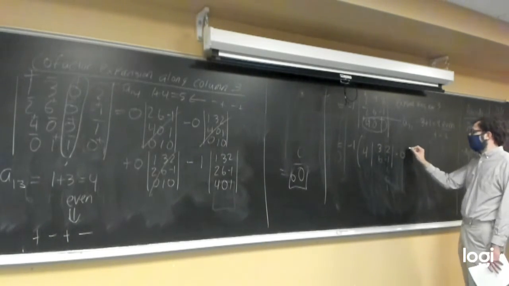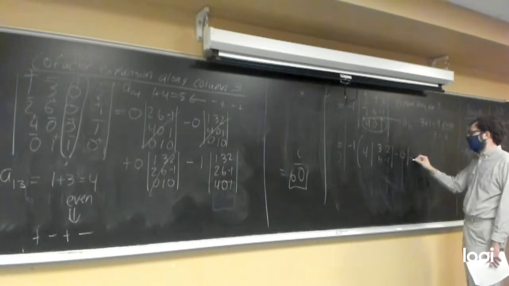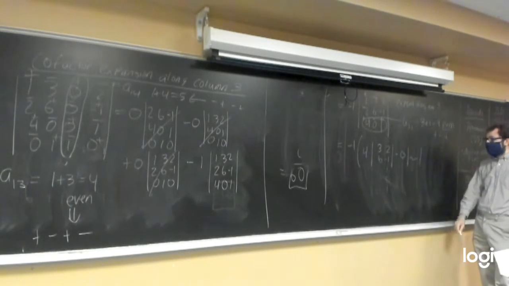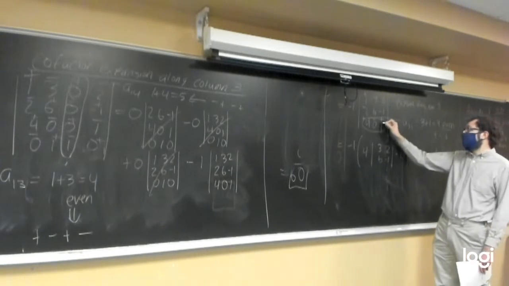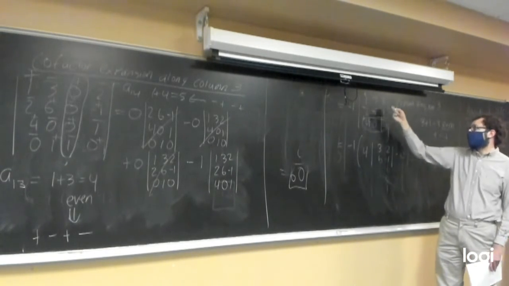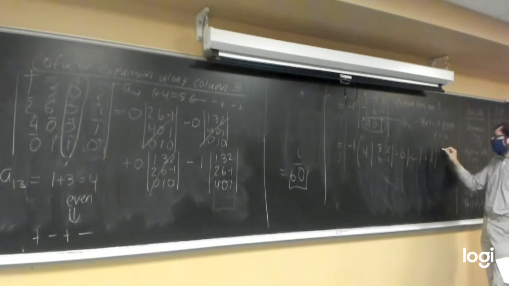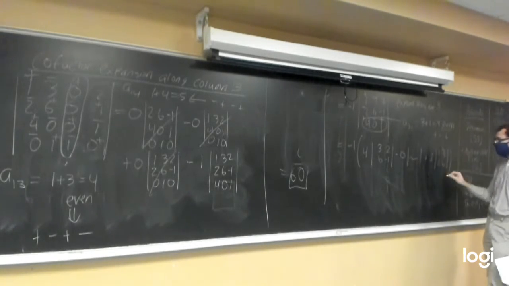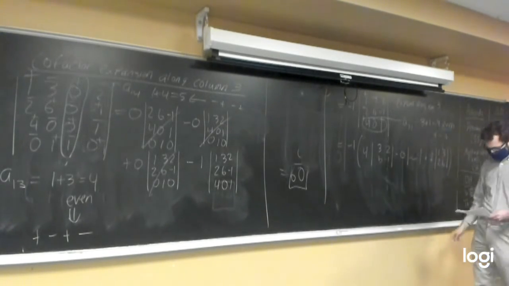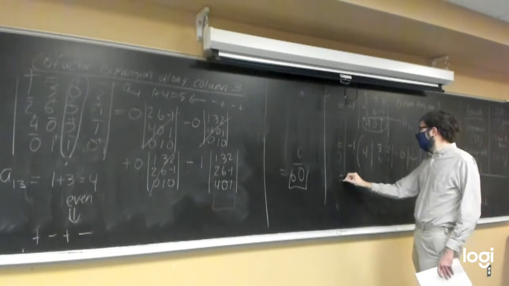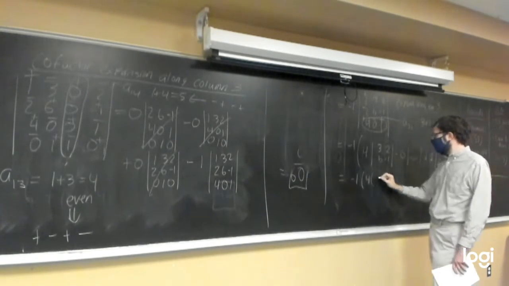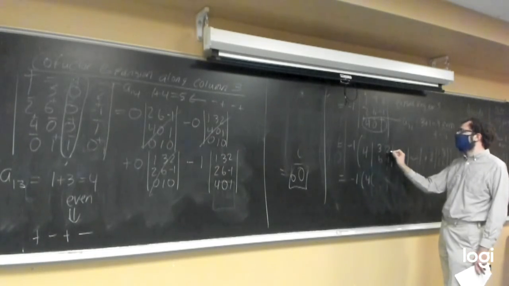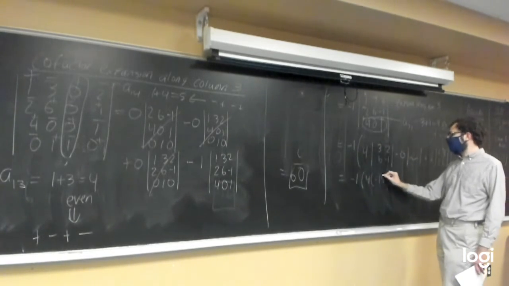Minus 0 times the determinant of, I don't really care, plus 1 times the determinant of what's left if we remove bottom row, rightmost column, 1, 3, 2, 6. And if we evaluate that out, we'll get -1 times 4 times -3 minus 12 is -15.